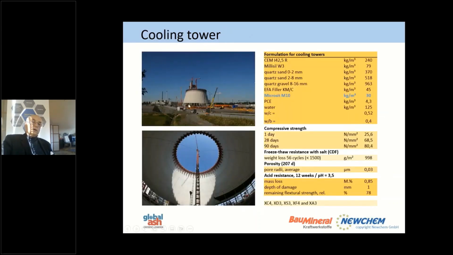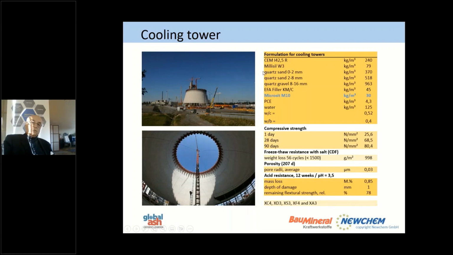Here we have the chimney of a power plant. In the past, we had to coat this with epoxies because the pH was so low. And today, with the dense formulation we have here, we have a fly ash and we have Microsit, and we mix the both.